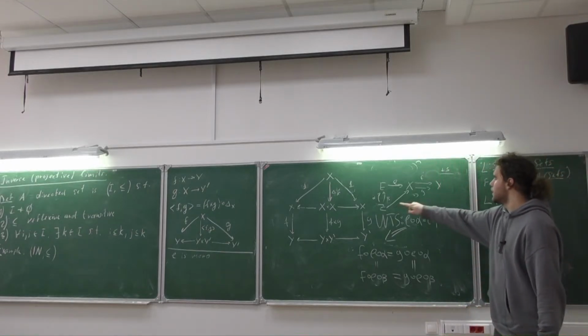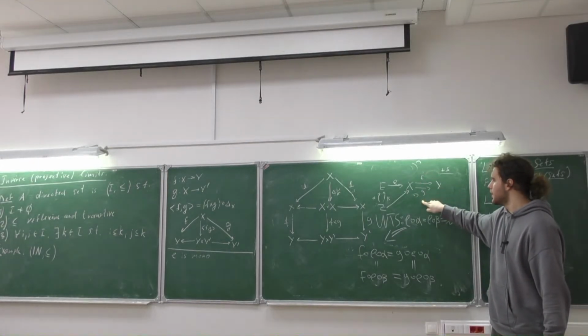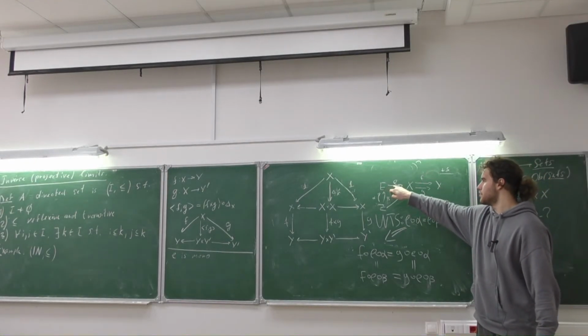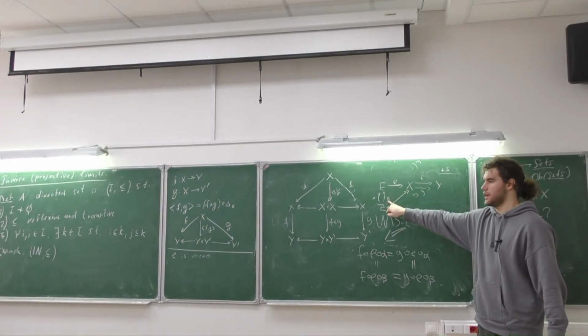Since the compositions of f and g are the same, it factors uniquely through the small e. Therefore, alpha equals beta.